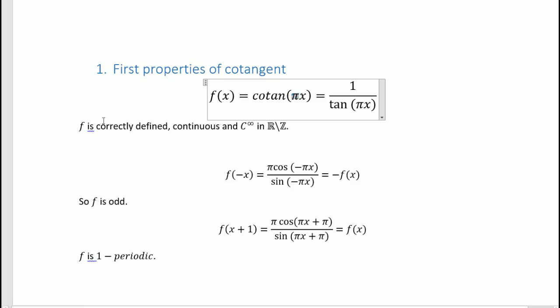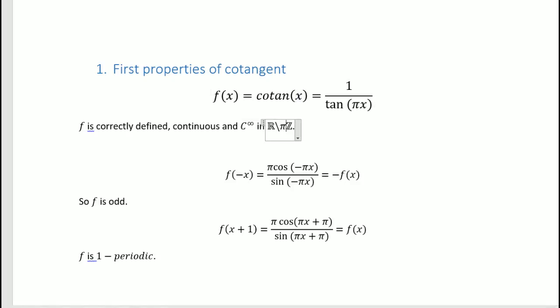So the function f is correctly defined, continuous and C infinite in the space of reals minus all of the integers. So if we have put it like this, we needed to have pi here.